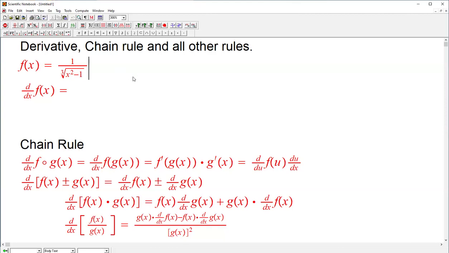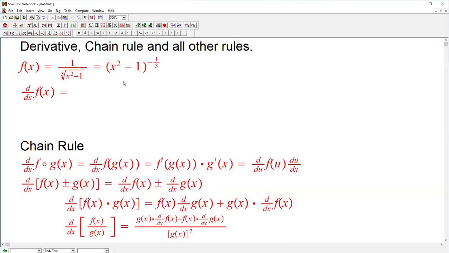But even if you do quotient rule, you also have to do chain rule, because when we differentiate the denominator at some point, we will have to apply chain rule. Okay, so suppose that we're going to rewrite f as the following, which is x squared minus 1 to the power of negative 1/3.